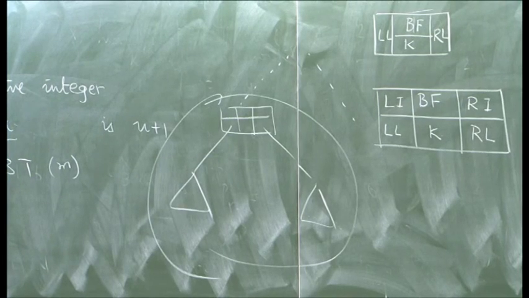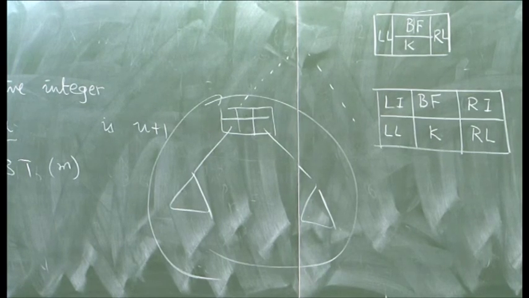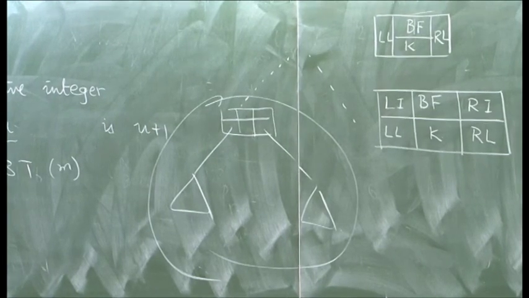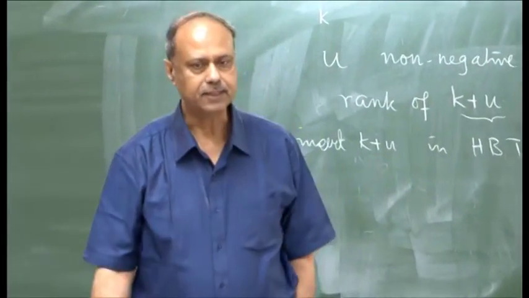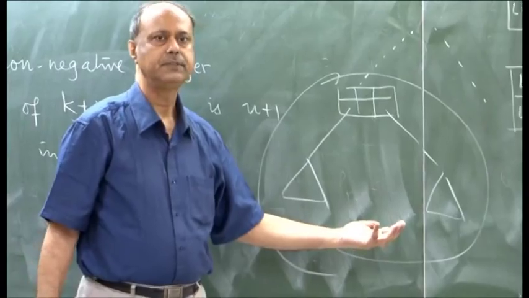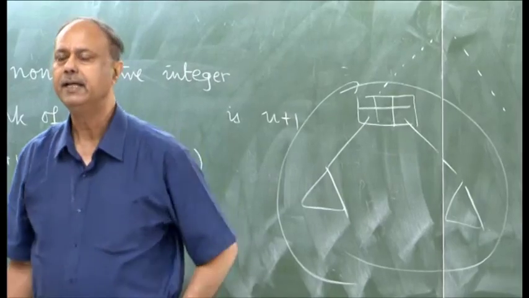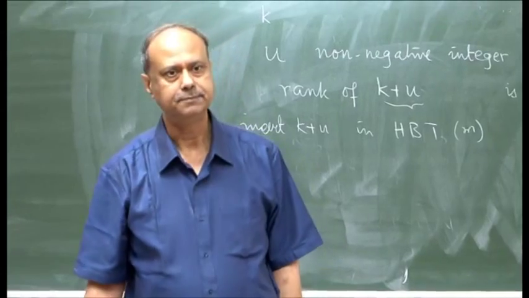So the problem you can redefine into 3 sub-problems. One, I have to find the rank of K plus U. That means I have to find one such U such that the rank of K plus U is U plus 1. Once you get that K plus U, you have to insert it in your height balanced binary tree, and after insertion it may lose the property of balancing, so you have to rebalance it.